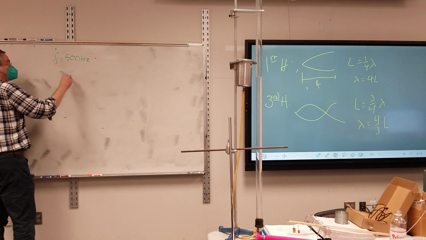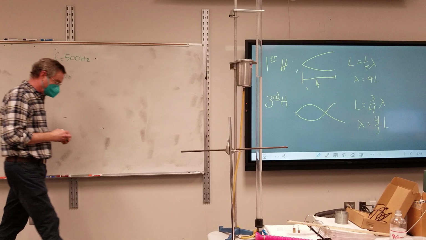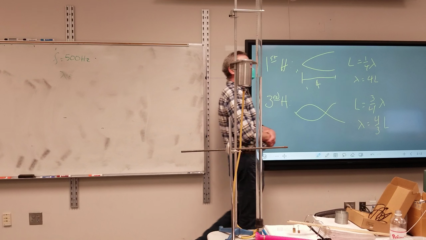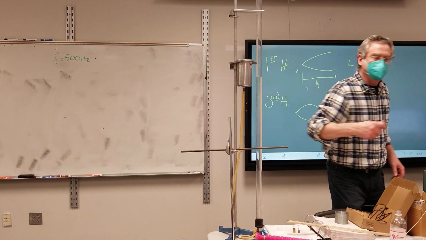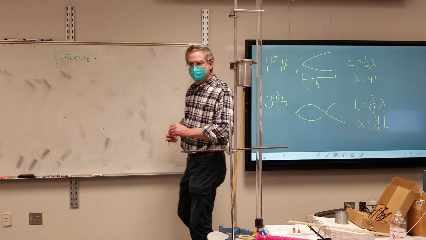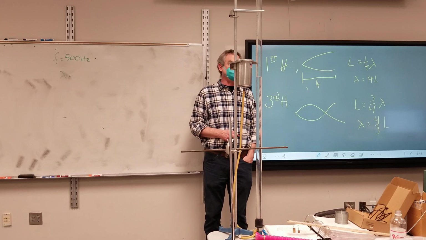I need to figure out what is the wavelength. So how would we find the wavelength? Isn't it 4 times the length? Yeah, but we don't know the length yet. That's what we're trying to find. We're trying to find L.